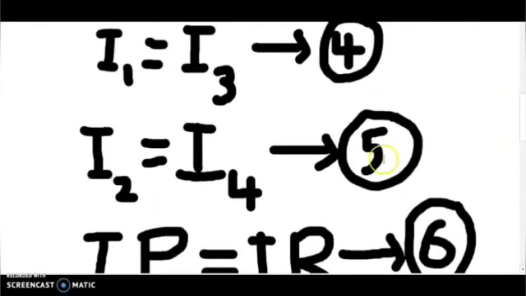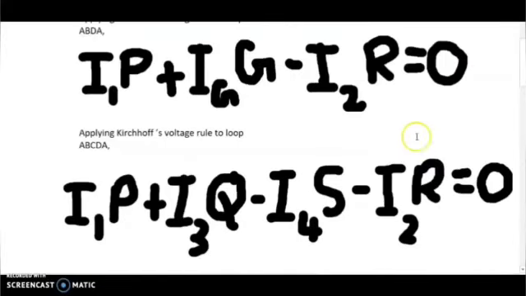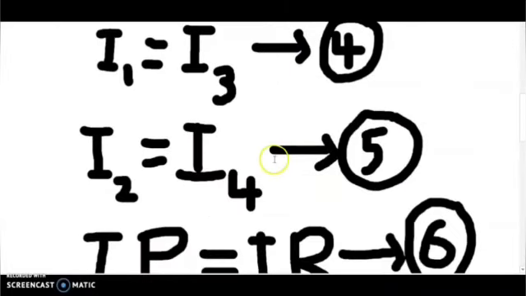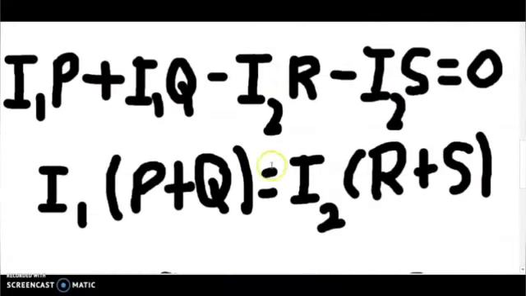Now, substituting these values in the equation I1P plus I3Q minus I4S minus I2R is equal to 0, we will derive the result. We know that I1 is equal to I3 and I2 is equal to I4. So let us put I3 as I1 and I4 as I2. So I1P plus I1Q minus I2R minus I2S is equal to 0.